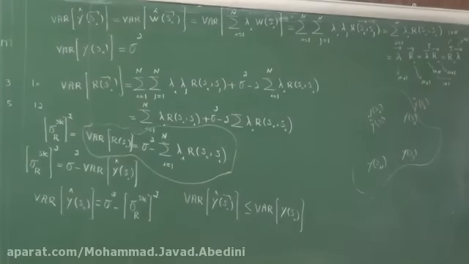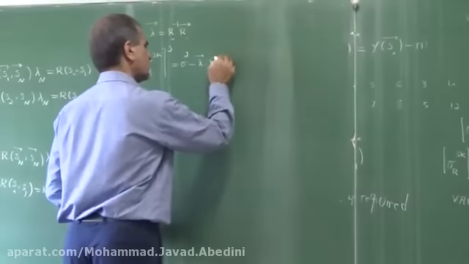We have already noticed that lambda is given by R inverse times R0. We did find this lambda. And then we find that variance of residual for simple Kriging can be written as sigma 2 minus lambda dot R0.